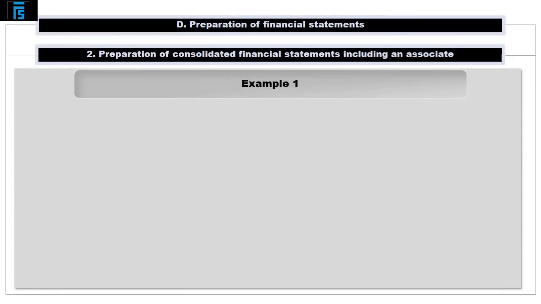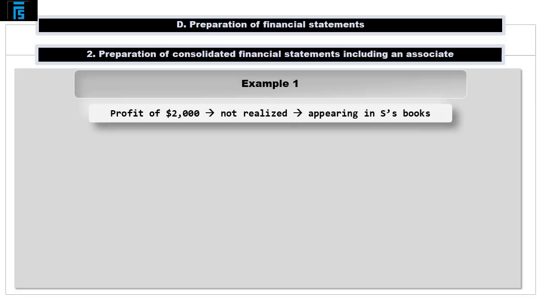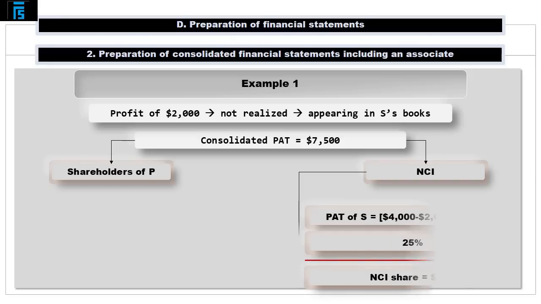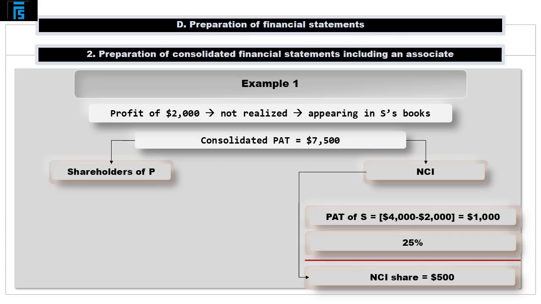This time, however, because the unrealized profit would have been generated in the individual income statement of S, the portion of net profit that is attributable to non-controlling interest would drop to 25% of 4,000 less 2,000, that is 500.